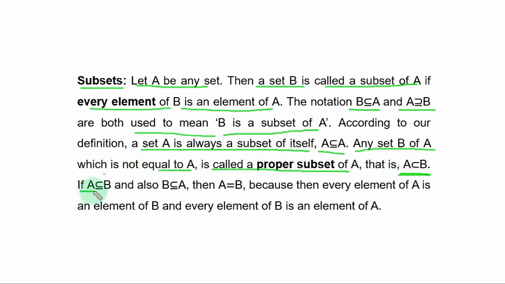If A is a subset of B and also B is a subset of A, then A is equal to B, because then every element of A is an element of B, and every element of B is an element of A. That is a form of vice versa, and as such, the two sets are said to be equal.